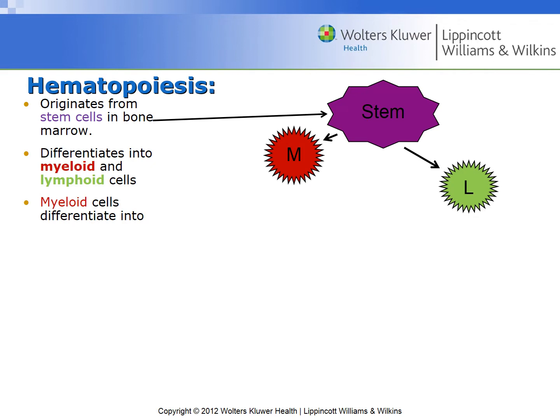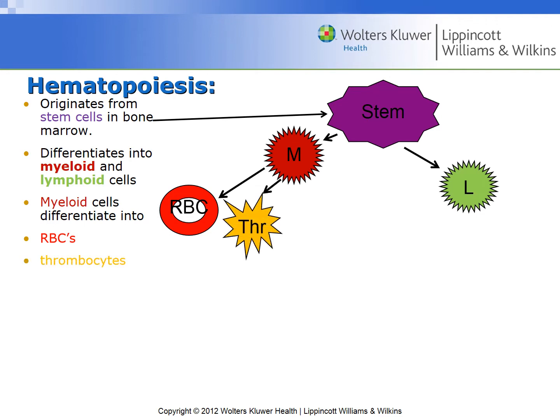Myeloid cells differentiate into reds, thrombocytes, so RBCs and thrombocytes, also known as platelets, and some leukocytes.